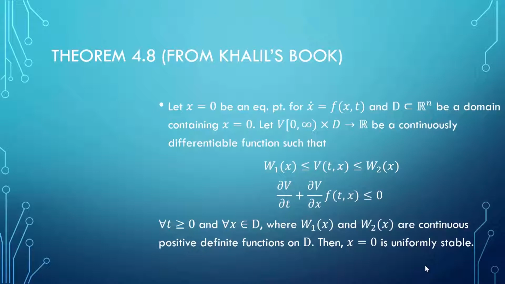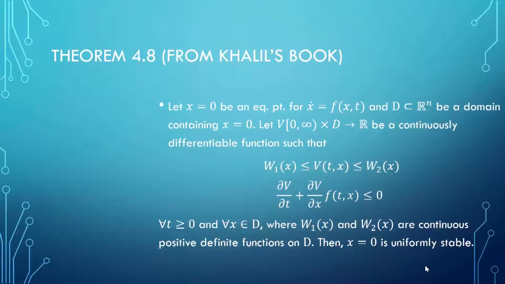So now, theorem 4.8 is from Khalil's book. Given some x0 to be an equilibrium point for some nonlinear dynamics, D is the domain for the first argument x containing the origin.